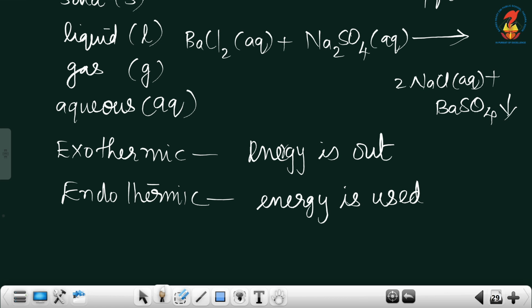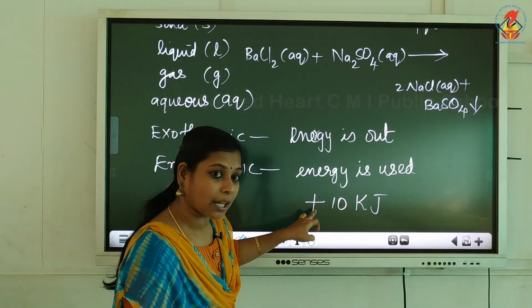If we are writing on the right side of the balanced equation with a plus sign, energy is given out. So, suppose 10 kilojoules of energy is given out, then plus 10 kilojoules shows that it is an exothermic reaction.